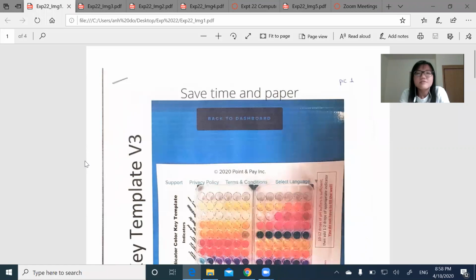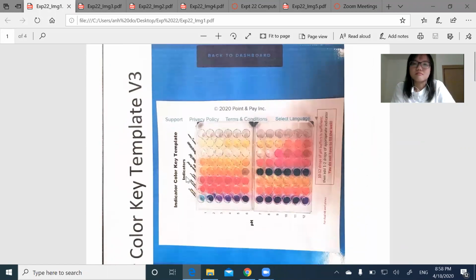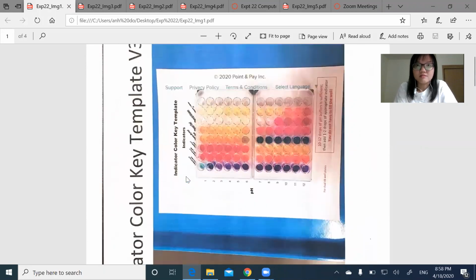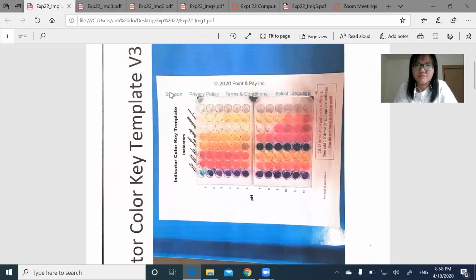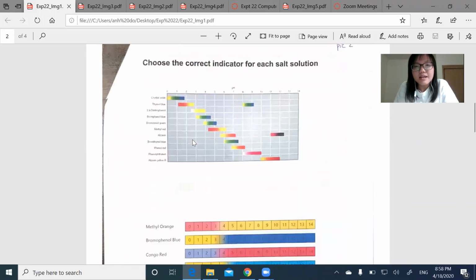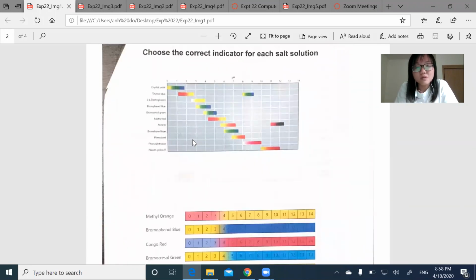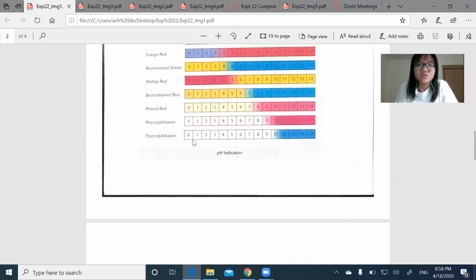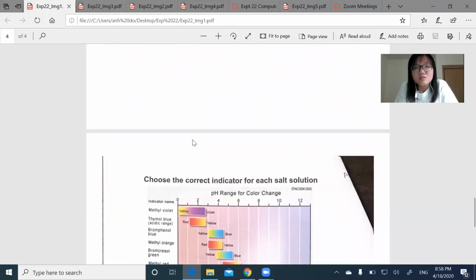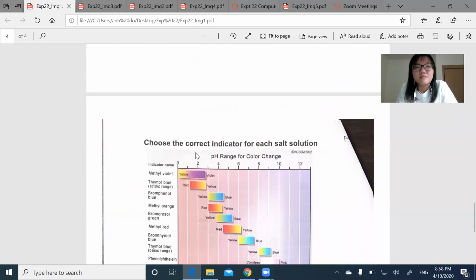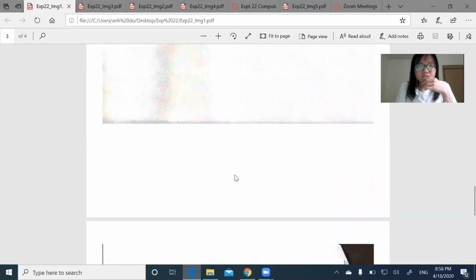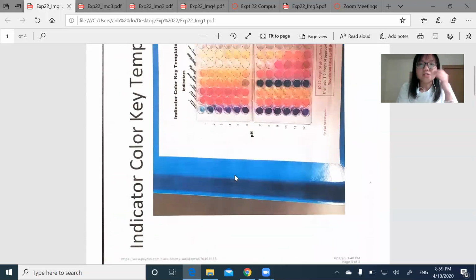These are just what I downloaded from your lab Canvas and printed out so that I could do the work. But you can always go back and search for the link to these scales of indicator colors. These are the 3 pictures that I found pretty helpful throughout the first 2 parts of your experiment. Feel free to use whichever scale of pH indicator you want to.